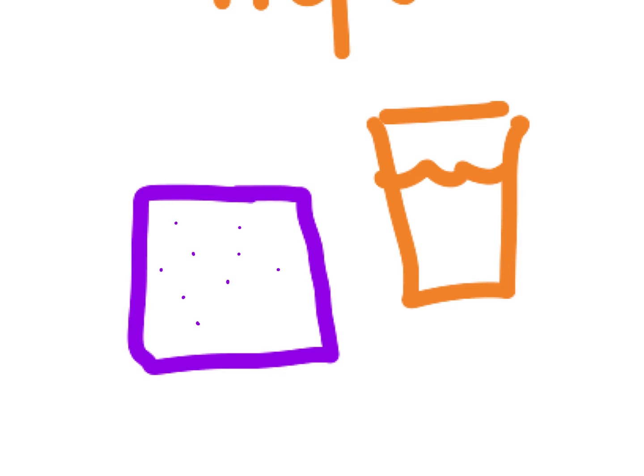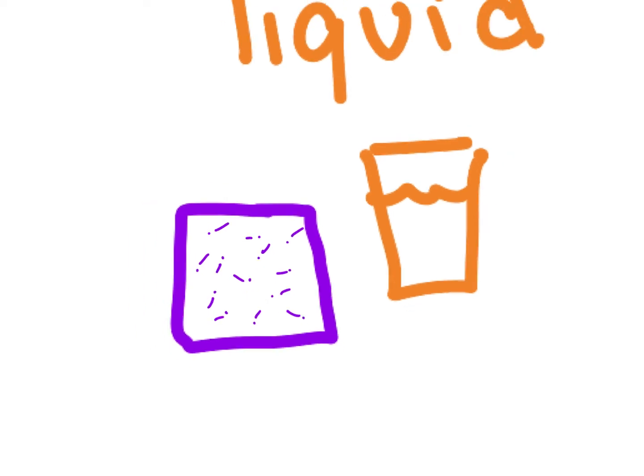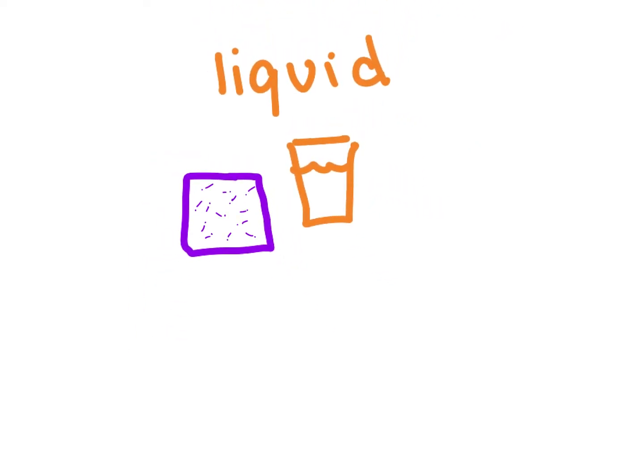So in my little box, I'm going to make sure that I am drawing them closer together. And they're still going to be moving, but they're going to be moving a little bit slower. So there's still definitely some movement to them. So I'm still using the same particle model that we had before. And then my written words, we're going to write exactly what we just said out loud. They're closer together.